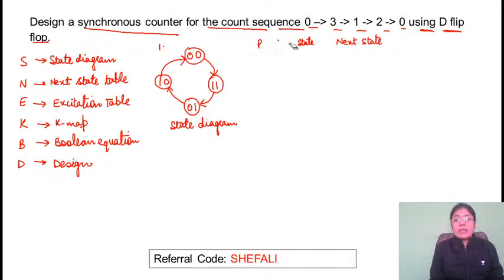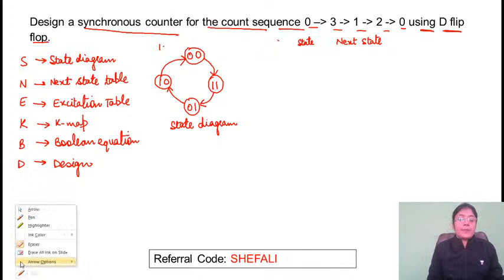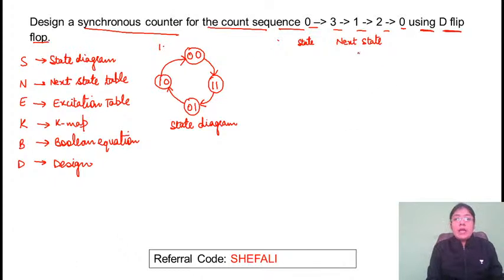Let us consider this as the current state. In the current state, how many bits? Every state is represented with 2 bits. So let me take this as Q1 and Q0. Next state को हम represent करवा देते हैं Q1 and Q0, क्योंकि next state में भी आपके पास 2 bits आएंगी. So next को represent करने के लिए हम plus कर देते हैं.